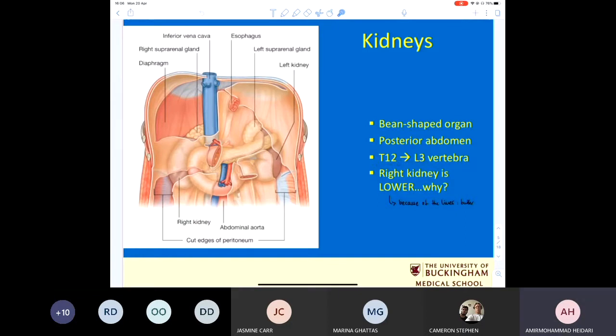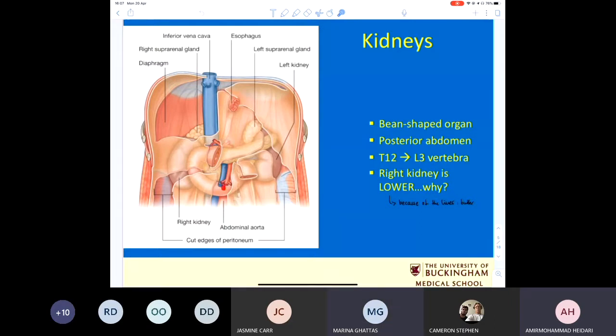You can see some very important relationships here. The kidney is retroperitoneal. I think you've come across the peritoneum. It's like a mesothelial covering of the abdomen. You don't need to worry about it, but just remember it's retroperitoneal. The stomach and duodenum are here.